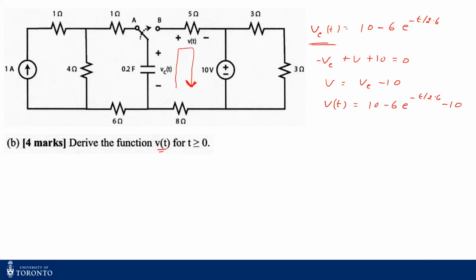So that's going to be your VT, which is basically equal to minus 6 e to the power minus t by 2.6 volts.